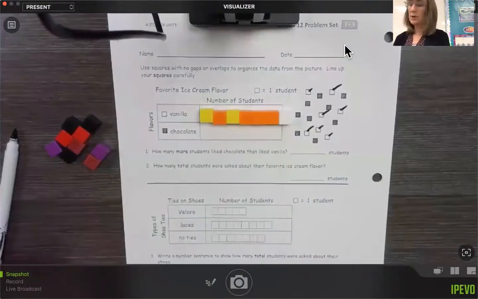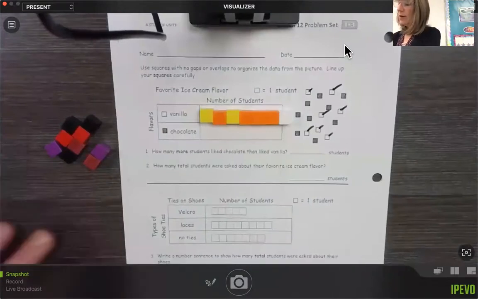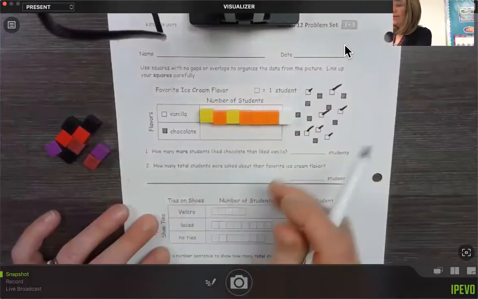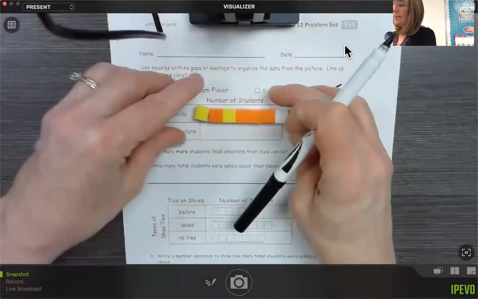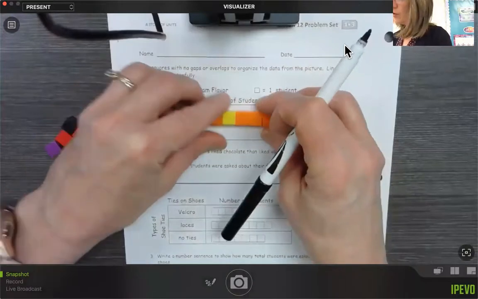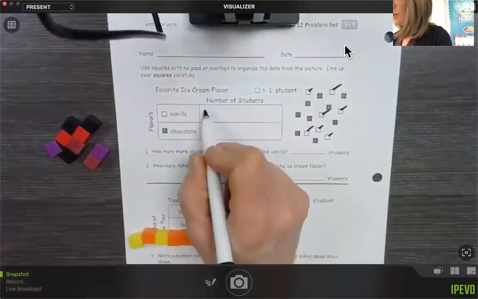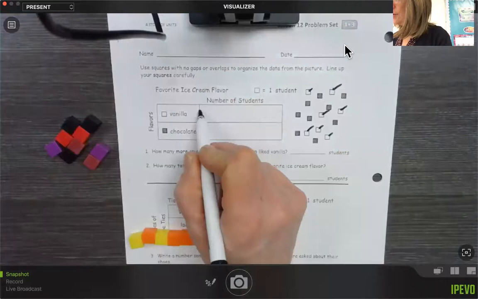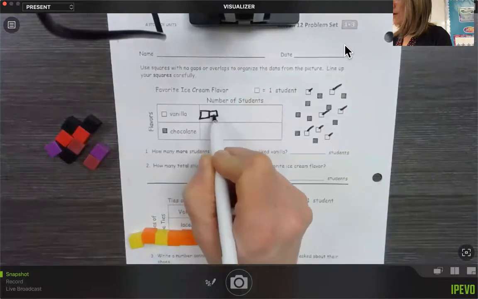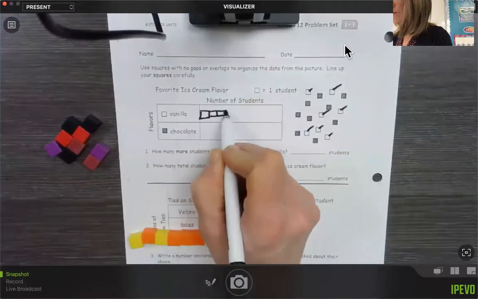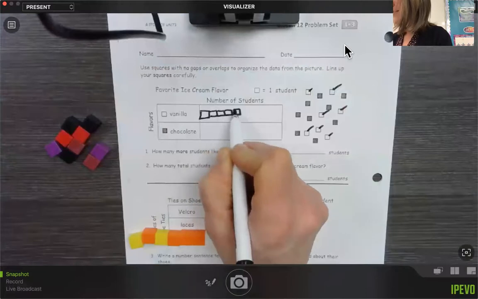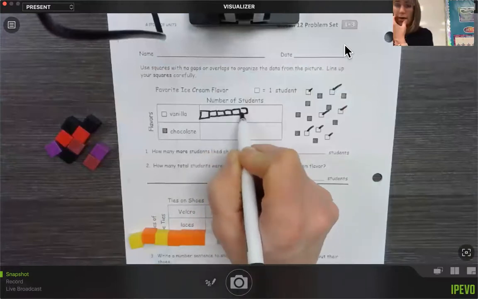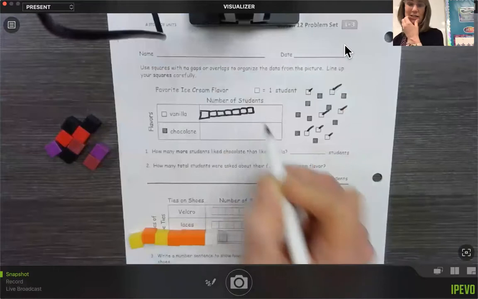And so I'm going to have you go ahead and draw. Looks like it'll fill up the whole space, but let's go ahead and have you draw squares. So we could go 1, 2, 3, 4, 5, 6, 7. And notice how they're touching each other.